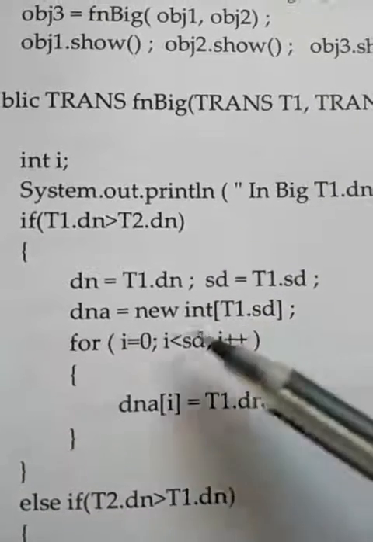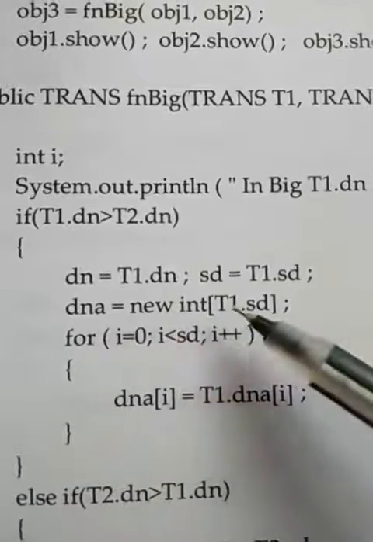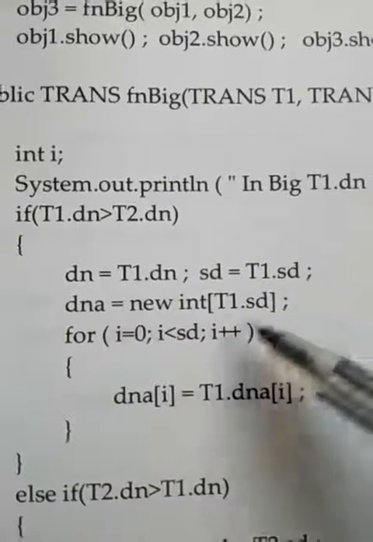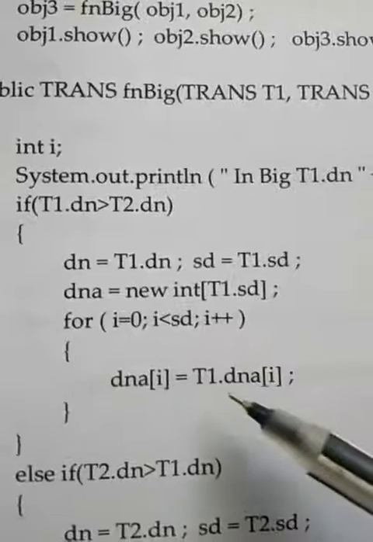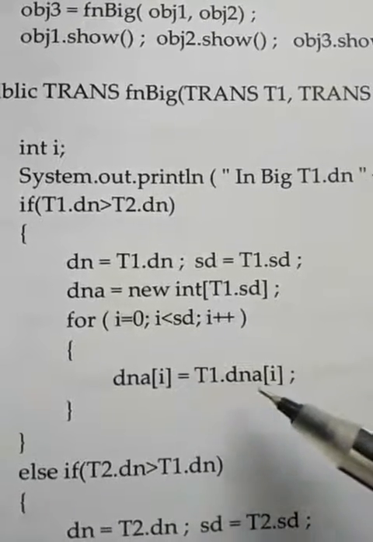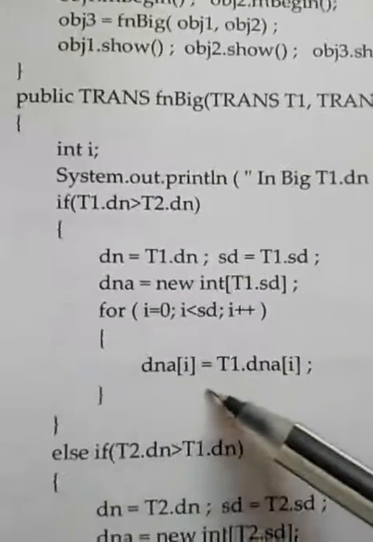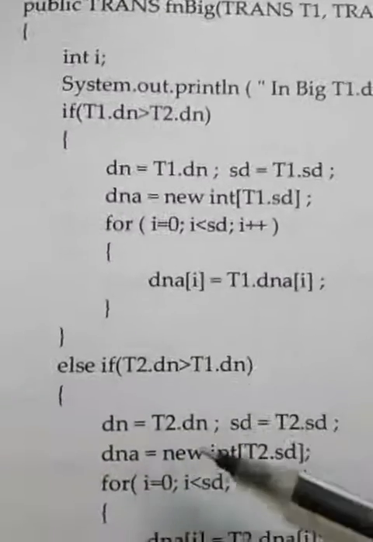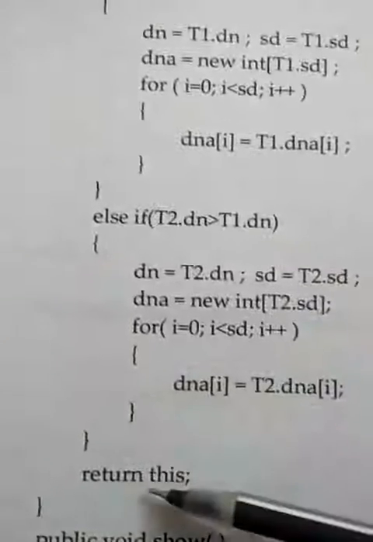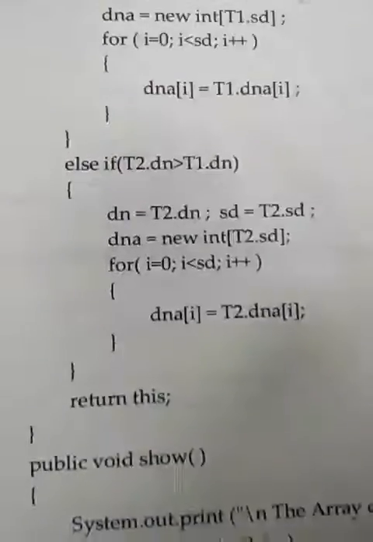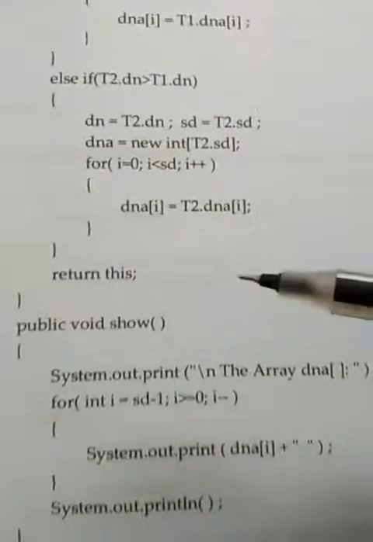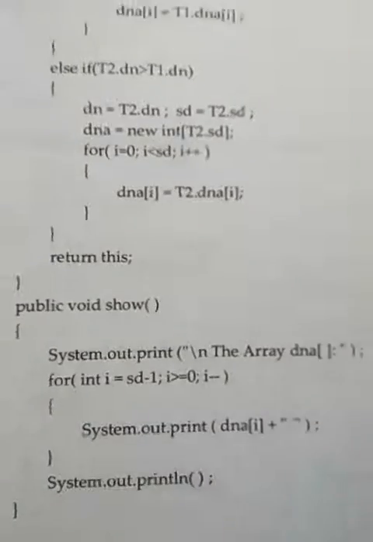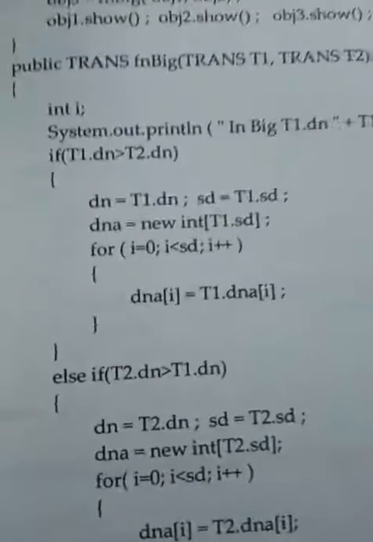The size of dna will be t1.sd, and we will copy all the digits from t1.dna into the current object. Otherwise this will copy t2, and return the value of this. So this will return the current object address. If there were a main function, it would display that. In this question we have not created a main function.